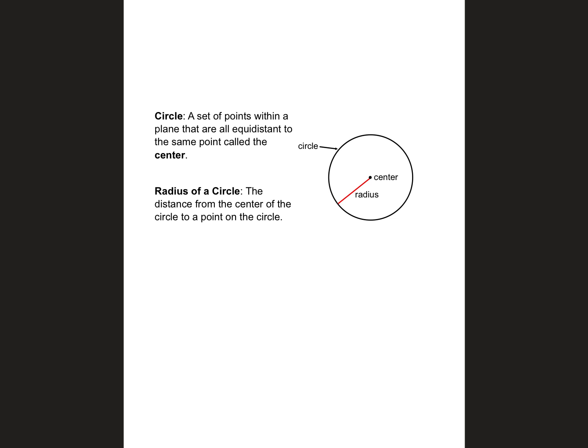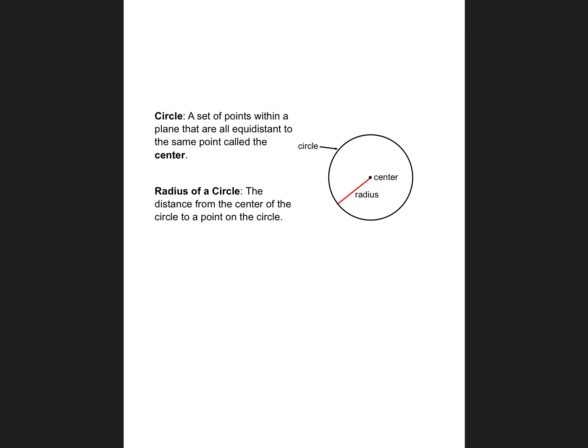So remember, the definition of a circle is just a collection or set of points in a plane that are all the exact same distance from a singular point. We call that point the center. So when you look at a circle and the curvature of it, it's just all those points put together that are the exact same distance from that center point.